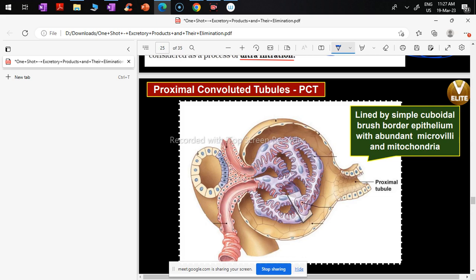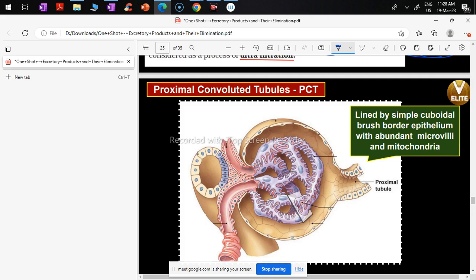Write this separately in the NCERT. Microvilli are small projections. These are microvilli and mitochondria.